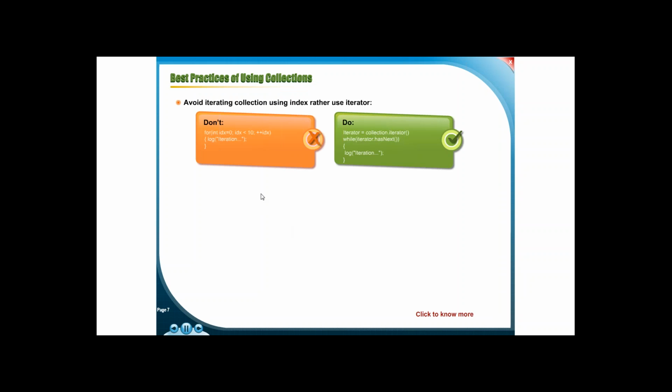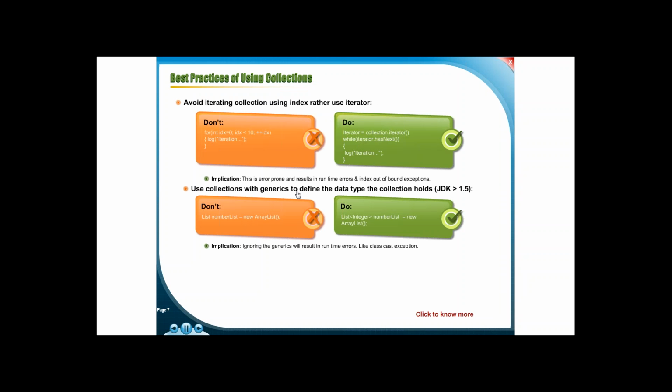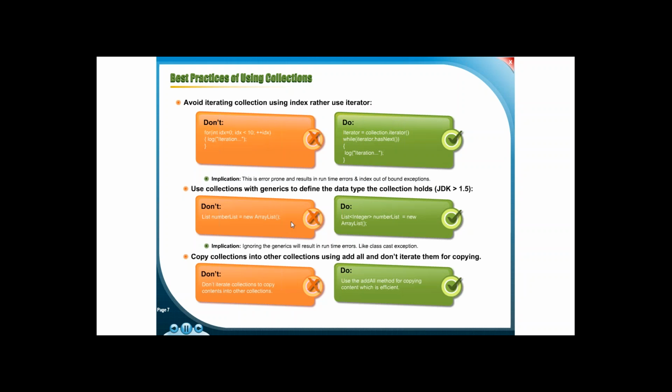Avoid iterating collections using an index. Better go for an iterator. Then use collections with generics to define the data types. Here you can see a list contains Integer. Don't go for the general representation, use generics. I believe you are aware of generics, right? Then copy collections into other collections using addAll and don't iterate over them for copying.